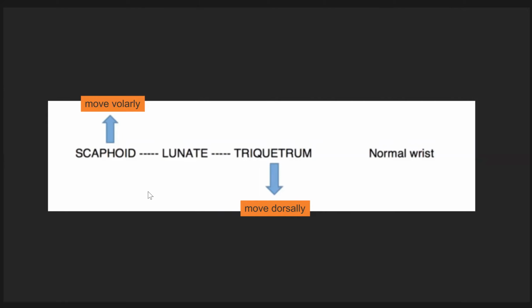Normally the scaphoid has a tendency to flex or move volarly, while the triquetrum tends to move dorsally, and in a stable rest the lunate is in the middle and balanced by the forces. Here we have the scapholunate ligament, and here we have the lunotriquetral ligament.